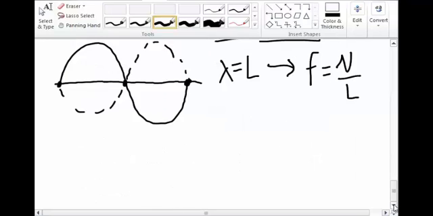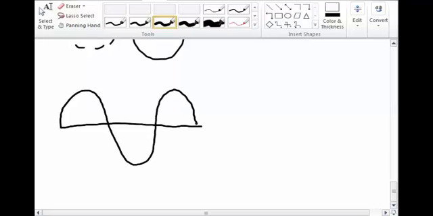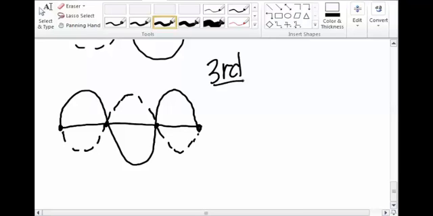Alright, so I'm going to look at one last harmonic and see if maybe I can come up with some kind of pattern. Alright, so how many nodes do I have here? 4. How many antinodes do I have? 3. So this is the third harmonic.